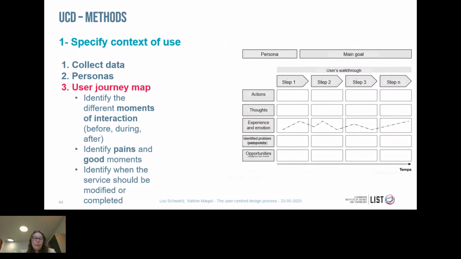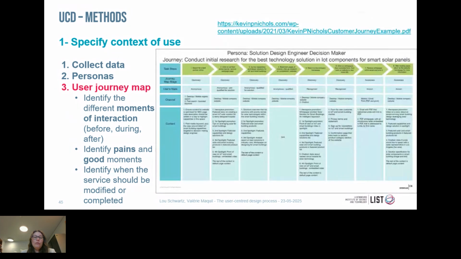For each step, we don't just note what they are doing, but also how they are feeling, what their thoughts are, and what pain points or frustrations they might encounter.